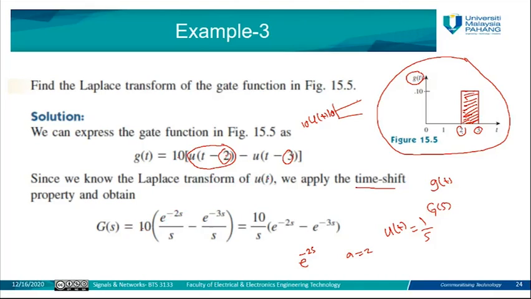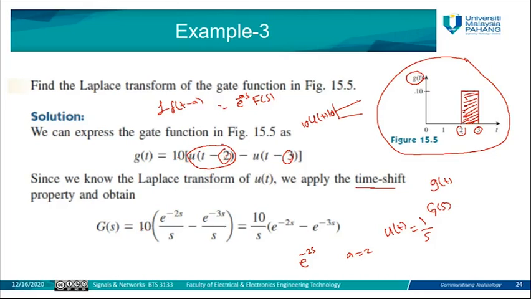If we just find the formula here, we said Laplace for f of t minus a will give you the value of e to the minus a s times F(s). So what is the value of a here? It is the shift in the time domain, which is 2 in this case, which is 3 in the other case. And what is the Laplace transform for f(t) itself?